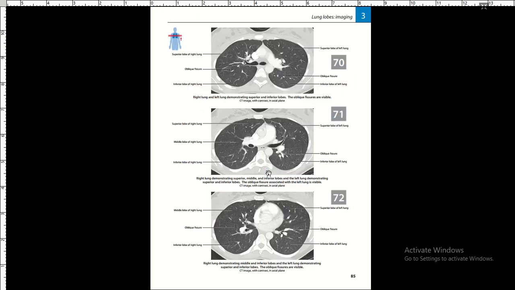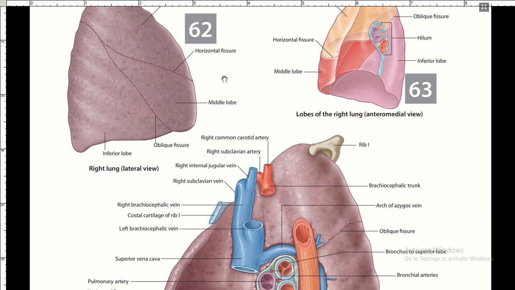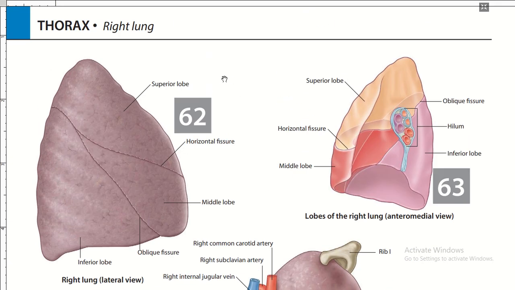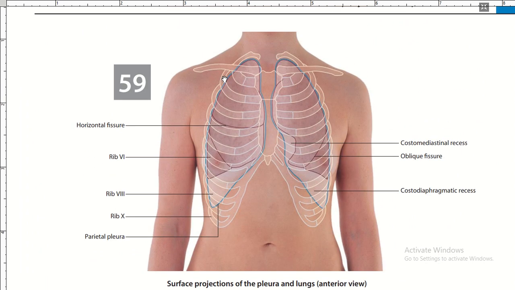So the lung is going to have an anterior border and a posterior border, right? Let me talk of the anterior border of the lung.